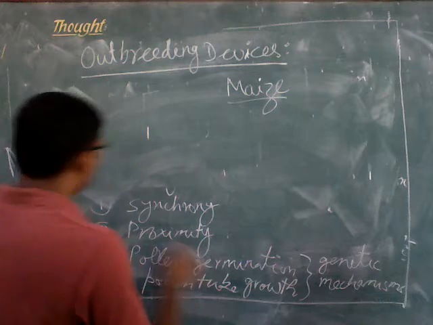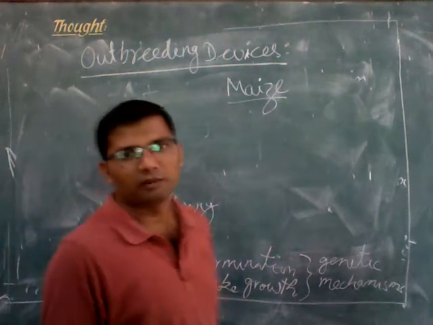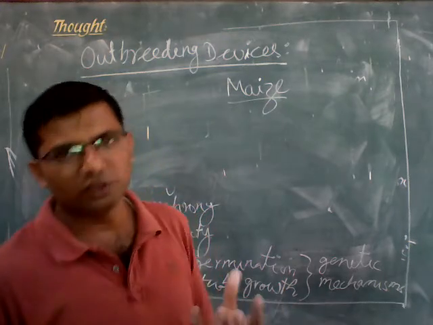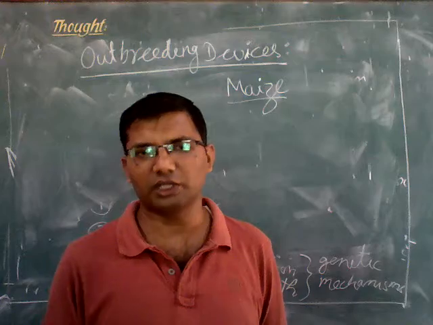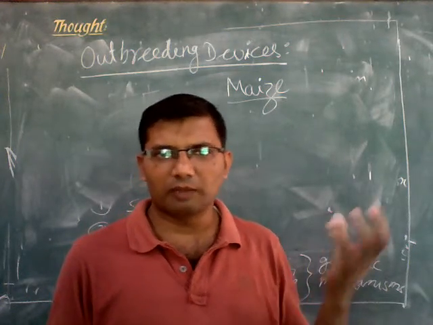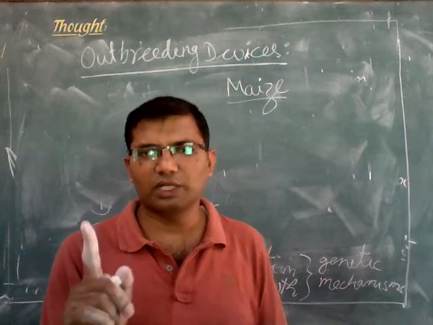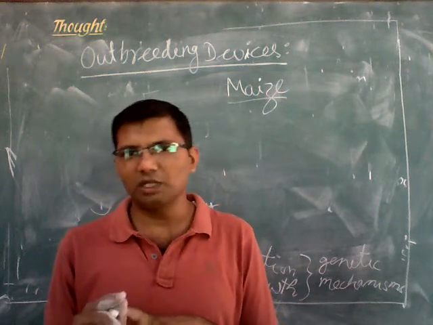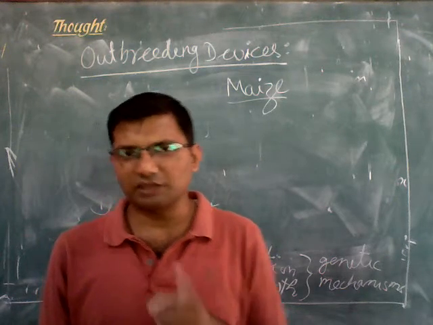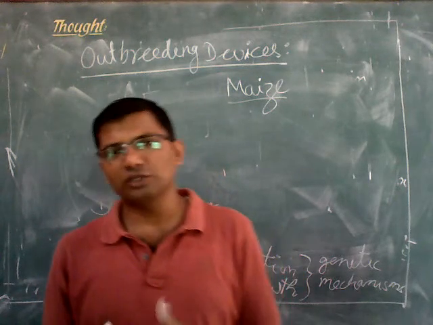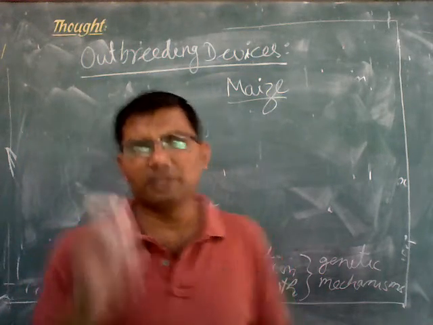So the other way is that if these unisexual flowers want to avoid self-pollination, the plant should have only one kind of flower, so that there is no possibility of autogamy and no possibility of geitonogamy, right? So there is a mechanism where the unisexual flowers grow on separate plants, for example papaya.